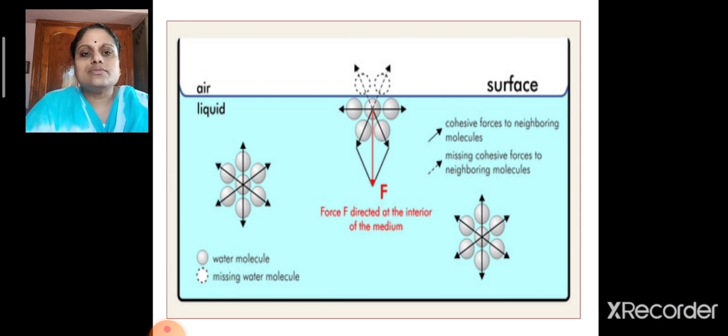It will be attracted by all other molecules around it equally. But a molecule near the surface of a liquid will be pulled downwards only by a few molecules near it, and since it has a free surface, it will possess extra energy.